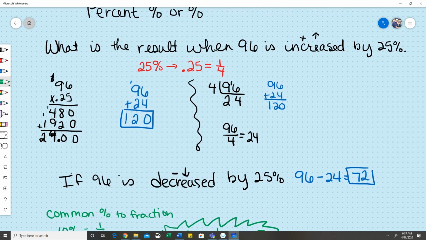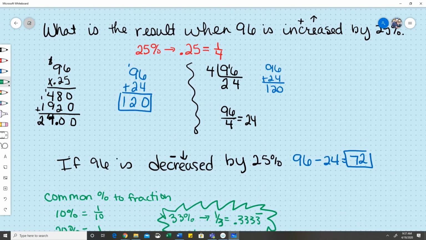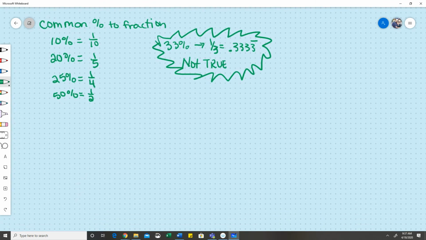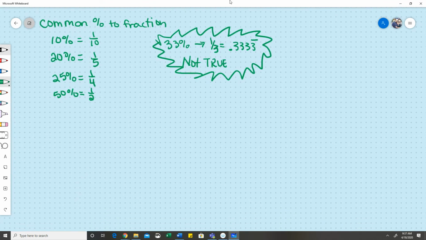There are a few other examples we can go through real quick. Let me get to a clean space here. Okay, I'm going to leave our common percents to fractions up there. How about if we want to increase, let's say 25 by 20%.